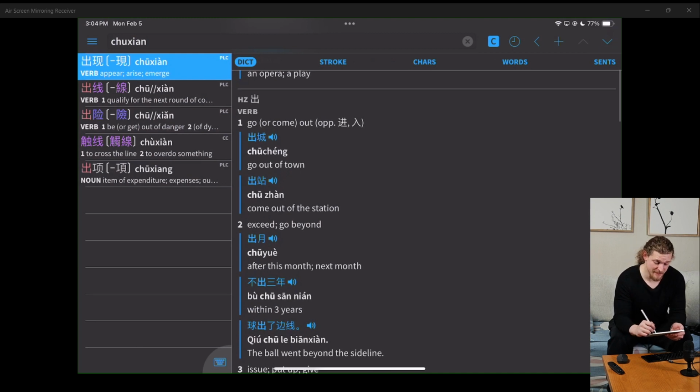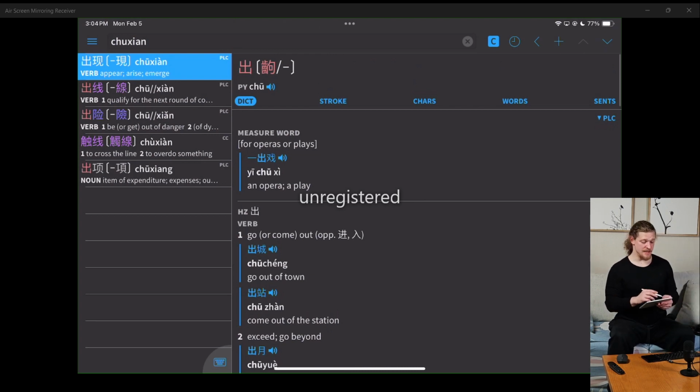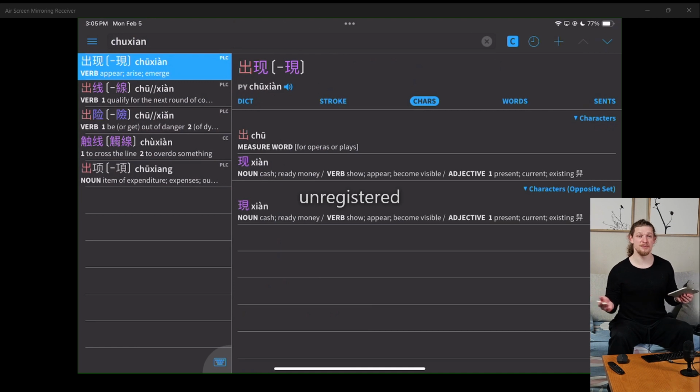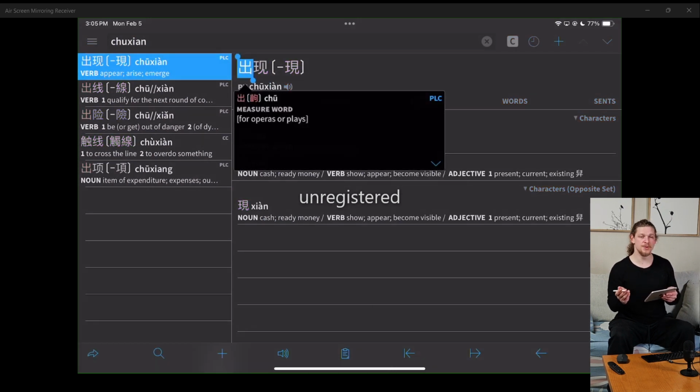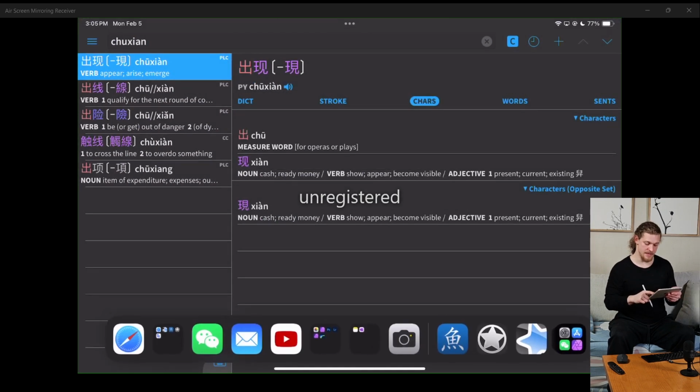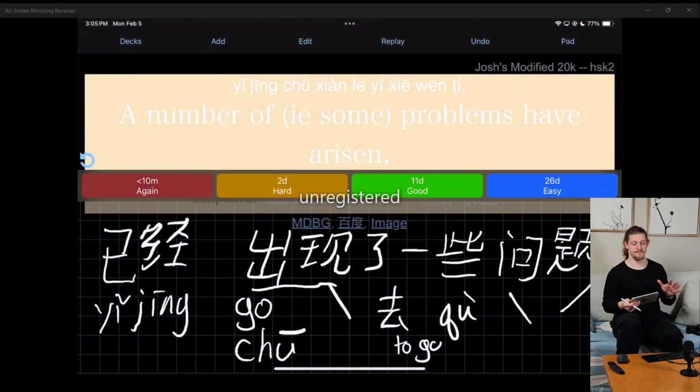All right? So for a word like 出现, that means that a problem has come out and appeared, right? Or it has appeared or arisen. So 出现 means to appear or arise, with 现 meaning to appear and 出 meaning to come out. All right, so that's cool. That's a really nice thing to know. And that's a really strong, really great tool, having that Pleco available.